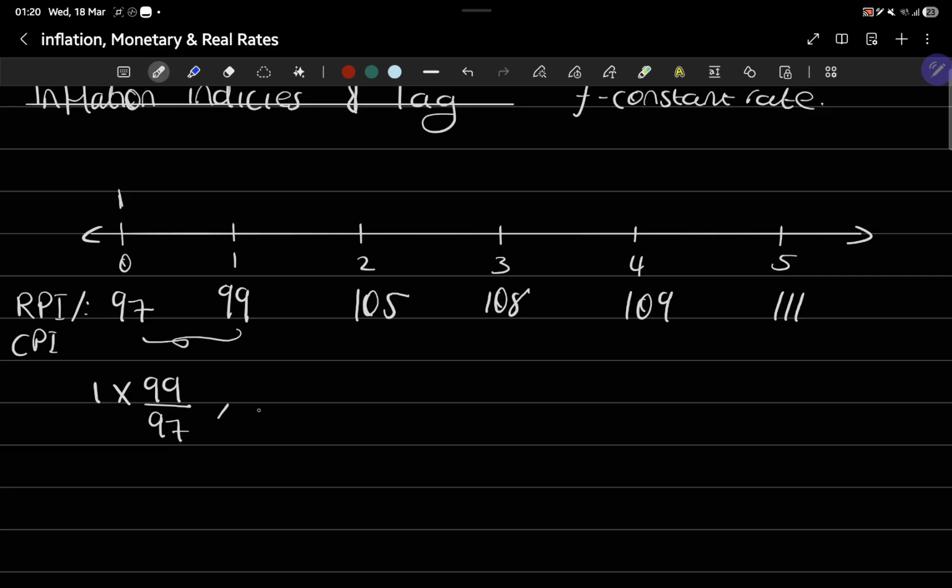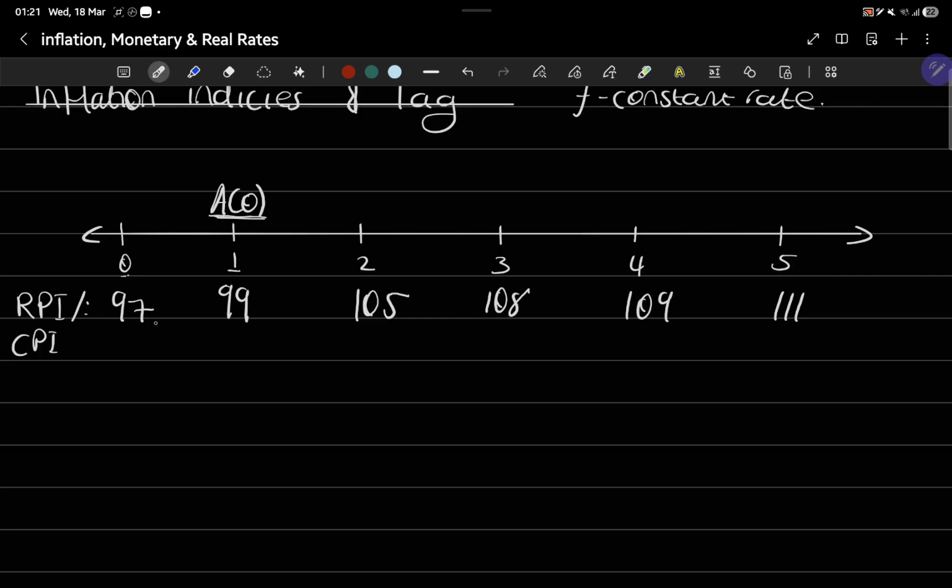Likewise, if you're given a real value A0, and this is the real value at time 1, in other words, the value of a particular amount of money at time 1 in terms of time 0 money, how would you change this into a monetary value?